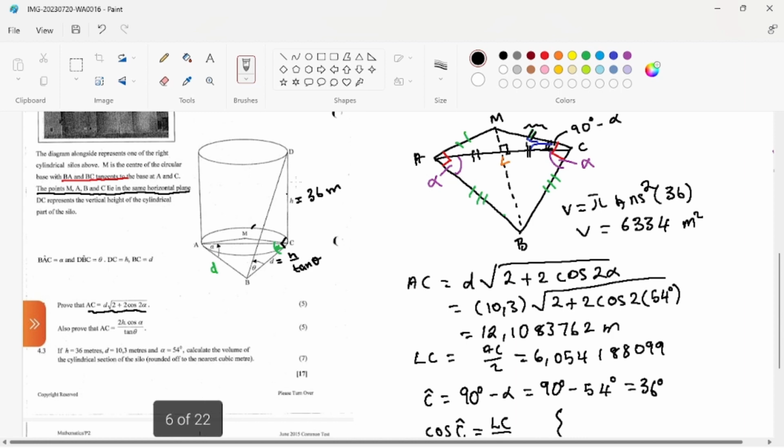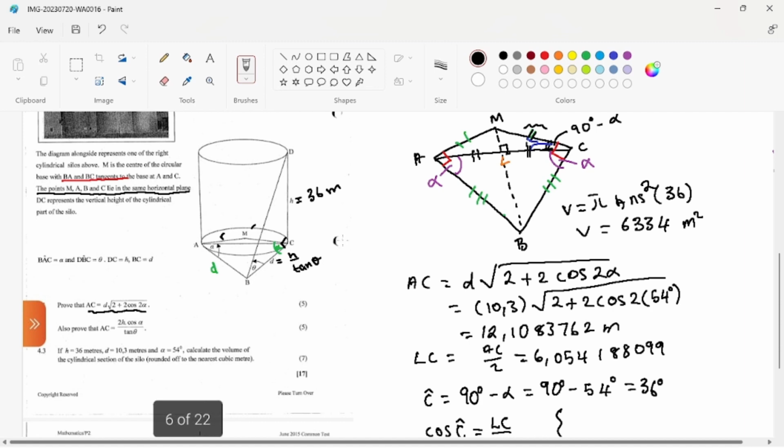It's the radius of this cylindrical shape. Yes, it's the radius. I get it.